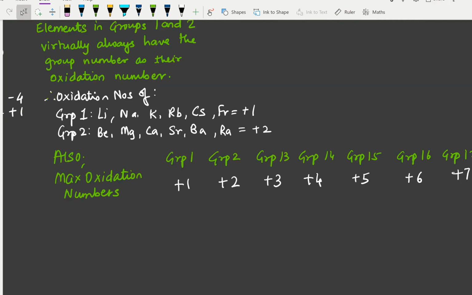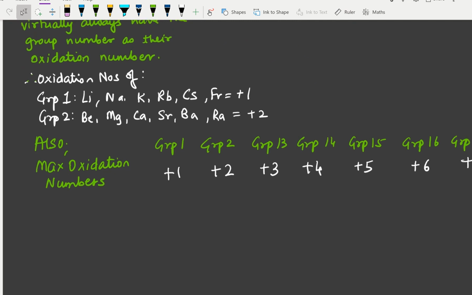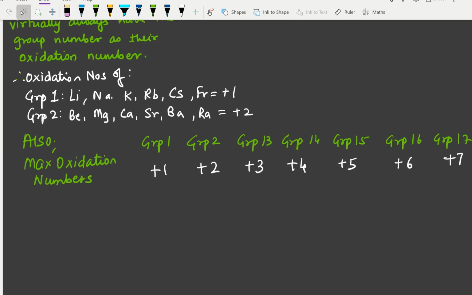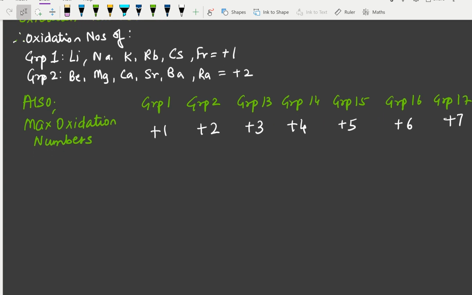So now before we take some more examples, I'll be making you go through this little write-up that I've put on the screen. And what does it tell you? Well, it tells you that the oxidation numbers of group 1 elements, that is lithium, sodium, potassium, rubidium, cesium, francium, are all plus 1, and the group 2 elements, that is beryllium, magnesium, calcium, strontium, barium and radium, the oxidation number of these elements is always plus 2.